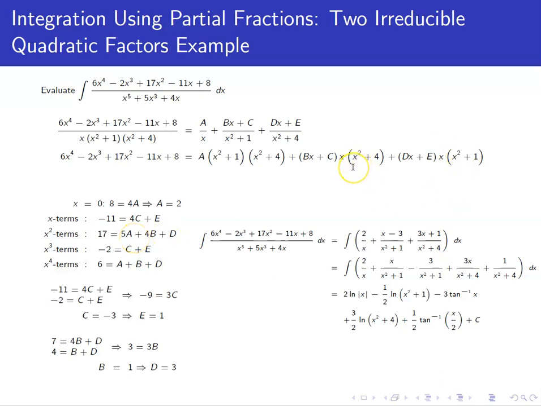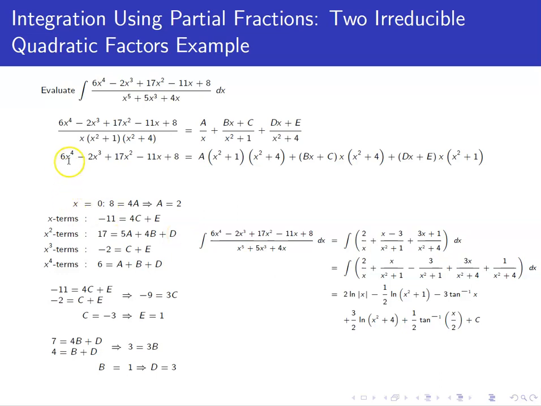In the second product, there's only one way to get x squared because of this extra x factor: I would have to do the bx times the x times the 4. Likewise, the only way to get an x squared out of the third product is to do the dx times the x times the 1. So that's why we have 5a plus 4b plus d for the x squared terms.